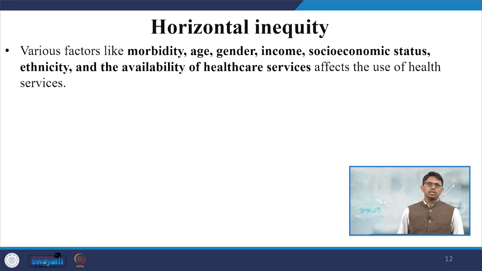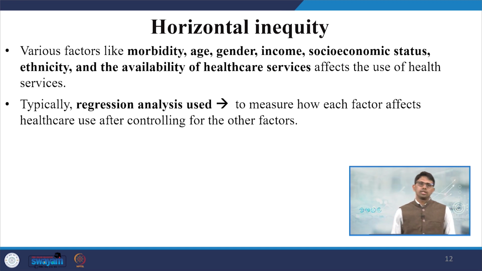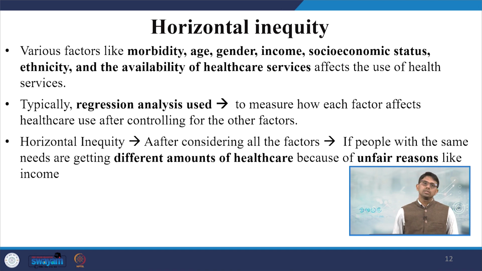For horizontal inequity, the important factors in healthcare might be morbidity, age, gender, income, socioeconomic status, ethnicity, availability of healthcare services, etc. Typically the regression analysis uses these variables and identifies the factors after controlling for other relevant factors.